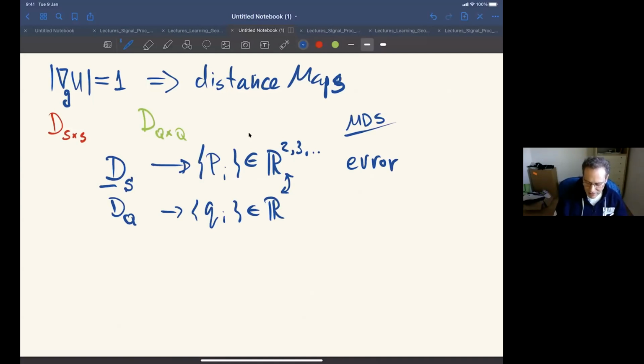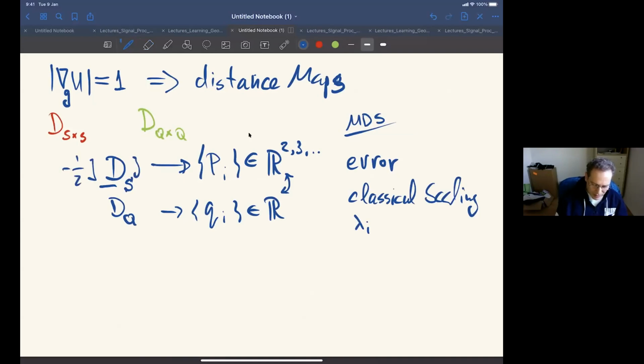In fact, what we did in the case of classical scaling is look at the eigenvalues of this double centering of the squared values of this distance, and these were nothing but the second order moments of the canonical representations of S and Q. And when we compared between them, we could tell something about the similarity or dissimilarity of the surfaces.